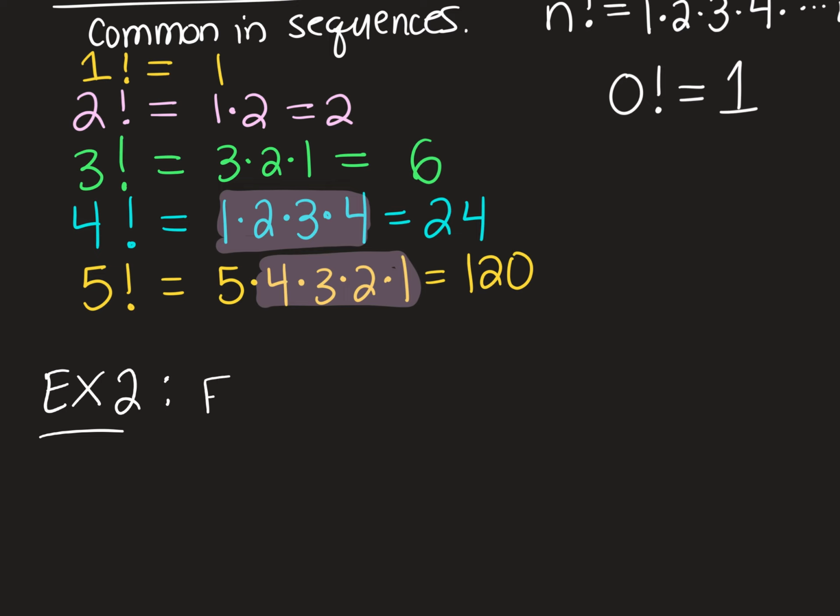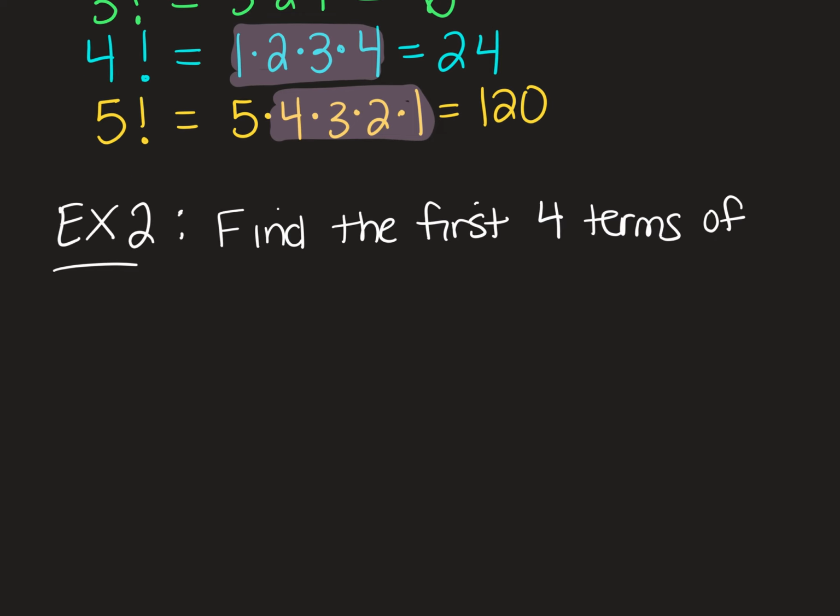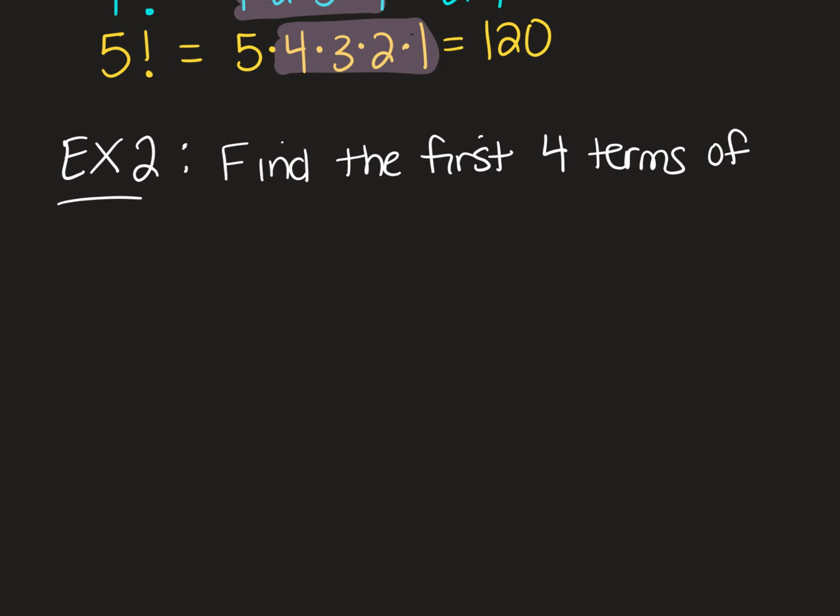Let's find, let's go 4 terms of, and I'm just going to give you a normal sequence, okay? So it's not a recursive sequence, it's just a normal sequence, but it's going to have a factorial in it.